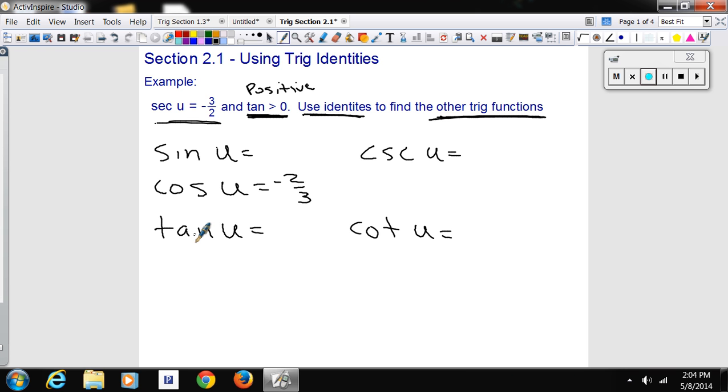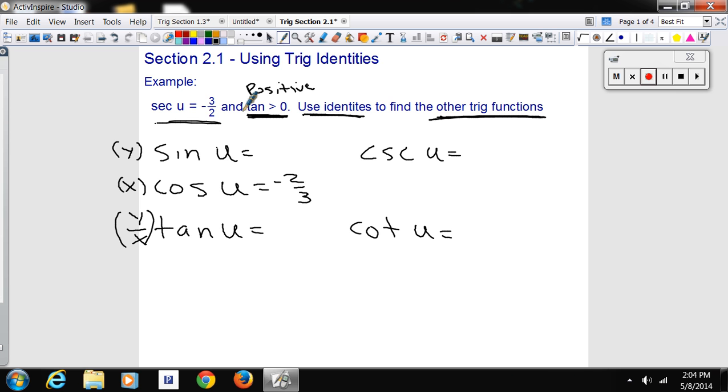We've got a negative cosine, which if you remember represents our x value on our unit circle. The sine represents our y value. Remember on our chart we put a y above sine, we put an x above cosine. Above tangent, do you remember what we put above tangent? Y over x. So tangent really represents y over x. And we notice that the tangent's a positive.